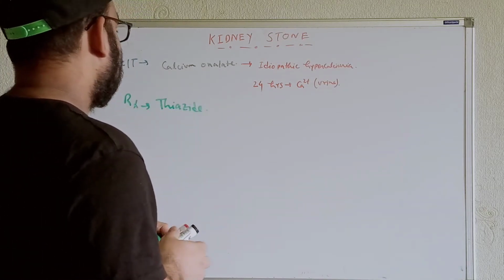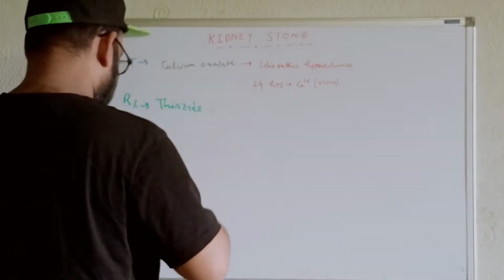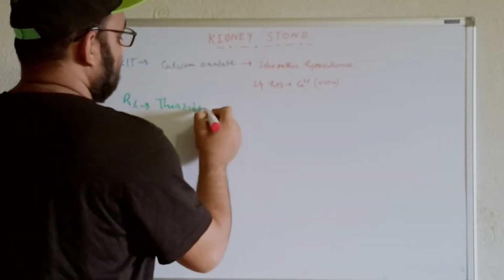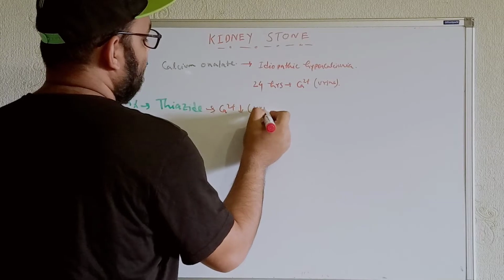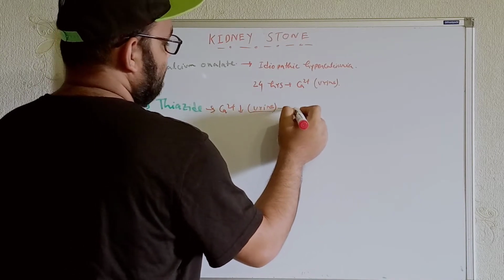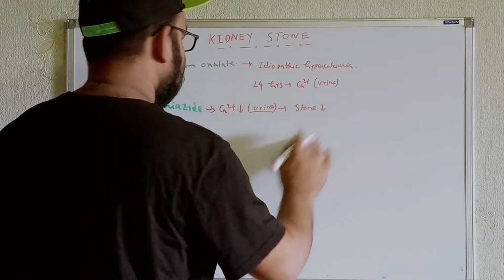Because with thiazide, there is less chance for the calcium to go into the excretions. So there is less calcium within the urine. As a result, we will see less chance for the formation of the stone. So the stone formation chance will also be less over here. Okay.